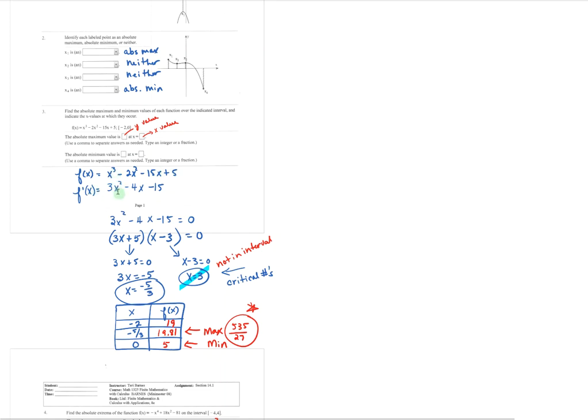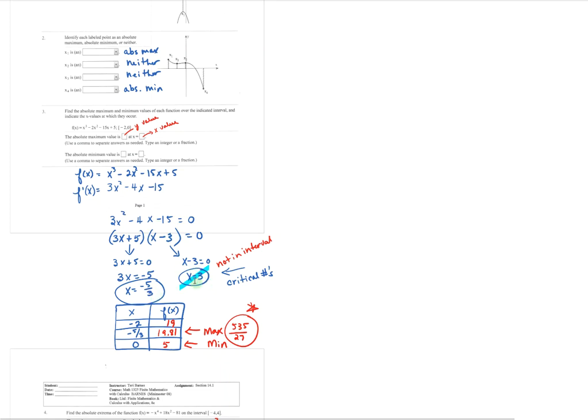The derivative of this is 3x squared minus 4x minus 15. We're going to set that equal to 0. We're going to factor it, and that's set equal to 0 still. You take that factor equal to 0, that factor equal to 0, and you solve for x. So we got x is negative 5/3 and x is 3.